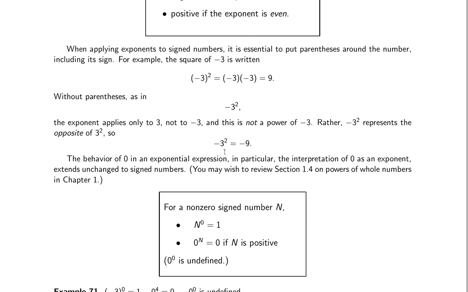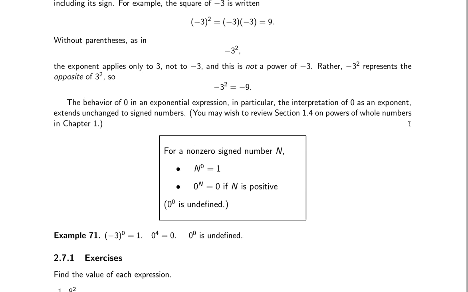So it's really 3 squared, the opposite of 9. And here, anything to the power 0 is 1. It doesn't matter if n is positive or negative, just n can't be 0. And any powers of 0, that's always 0.